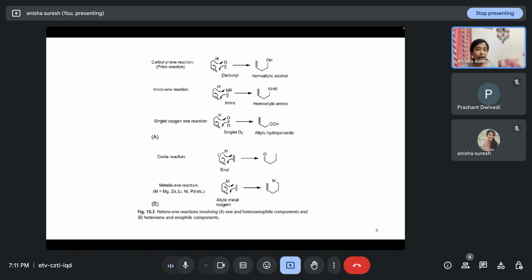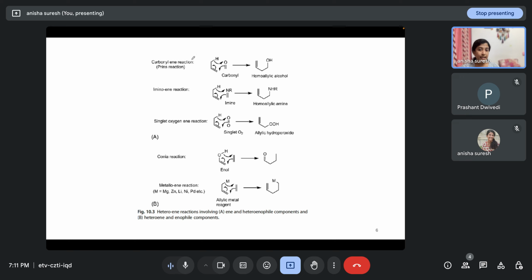If instead of carbonyl and imine, a singlet oxygen reacts with the ene component, it will result in the formation of this hydroperoxide as you can see here. So here the hydrogen is getting transferred to oxygen, a carbon-oxygen bond is getting formed, and this double bond is shifting here. It will result in the formation of this allylic hydroperoxide.